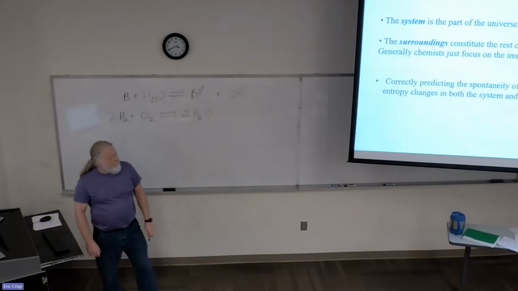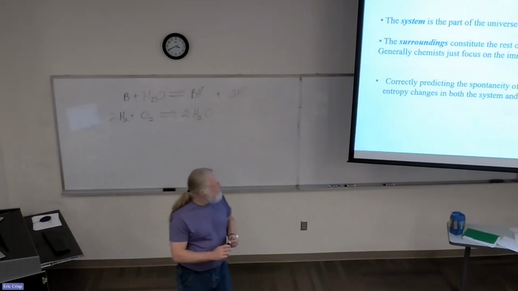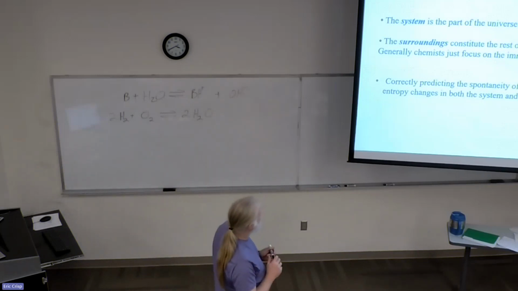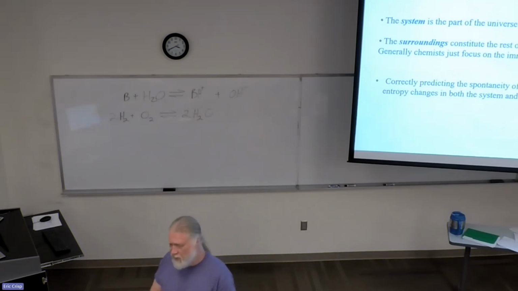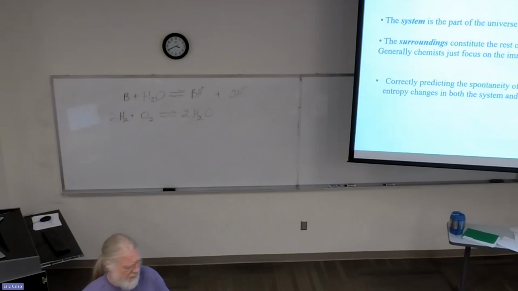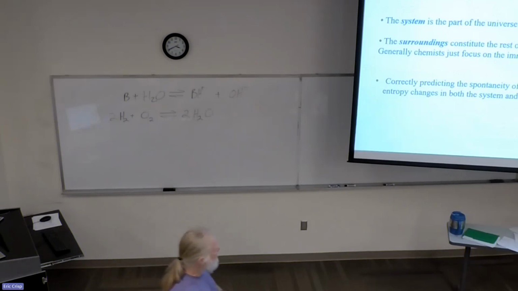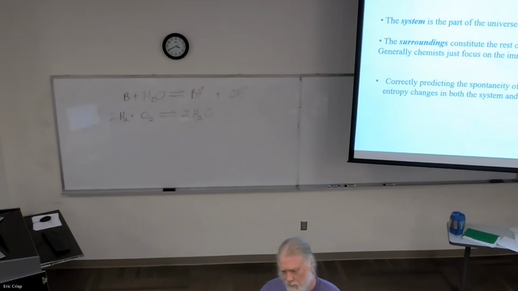Okay, so the idea of the system versus the surroundings. This is where a lot of confusion exists in physical chemistry, defining your system versus your surroundings. I think the simple layout is to think of your system as your reaction.